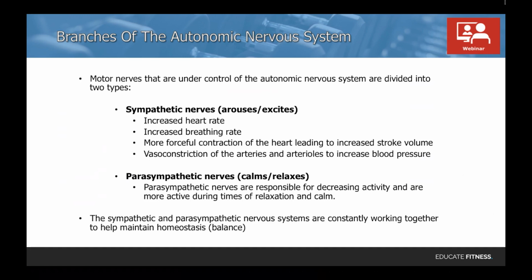Your liver's going to release more glycogen into your bloodstream, so you have higher blood sugar levels, so you're ready to use that glycogen for your fighting or your running away, for your action needed. More forceful contraction of the heart, so you're going to have more blood flowing per heartbeat. Your blood vessels, your smooth muscle tissues like your arteries, are going to constrict, therefore increasing blood pressure so the blood can move around to your targeted muscles better.